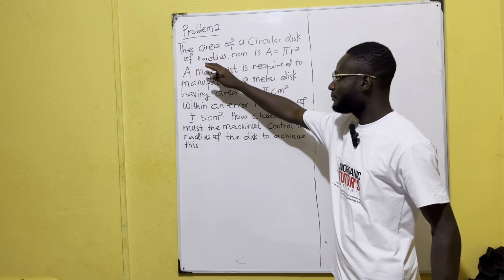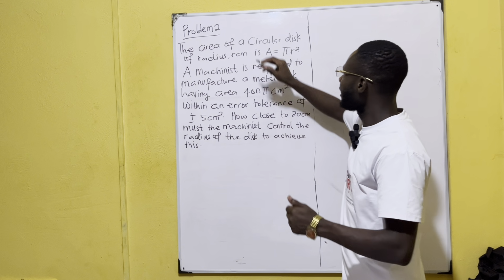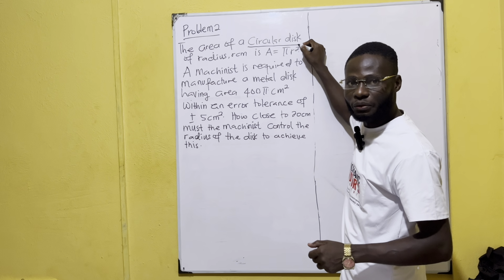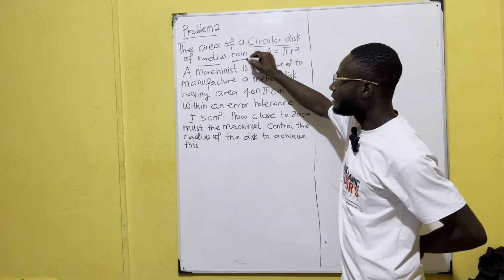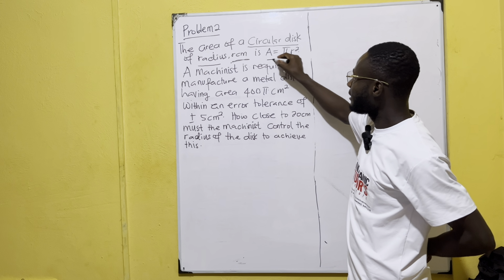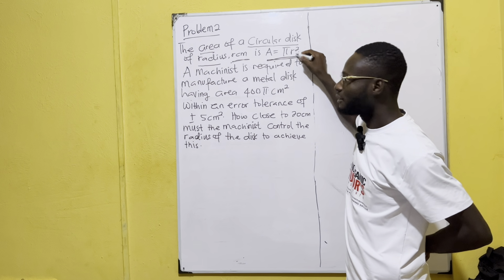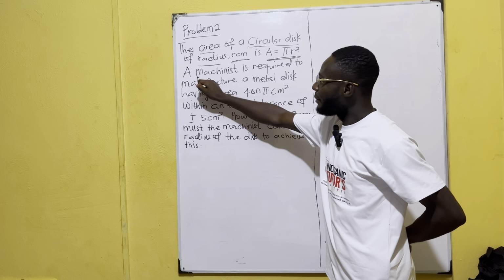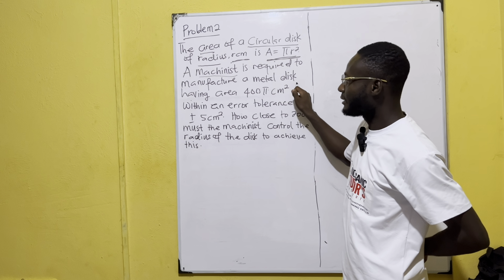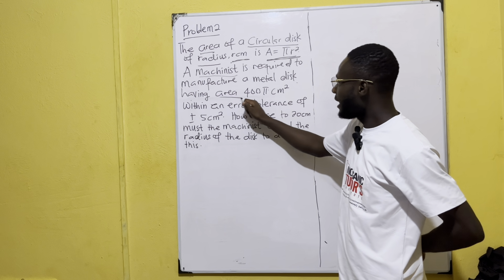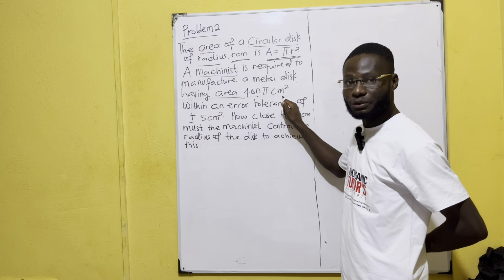This is the second problem, and it says that the area of a circular disc, so you have to take notice of this, it's a keyword, of radius r centimeters is this. So it means that this is the area, right? Good. Now, a mechanist is required to manufacture a metal disc having area 400 pi centimeters squared, right?